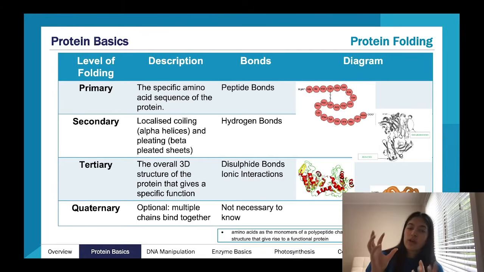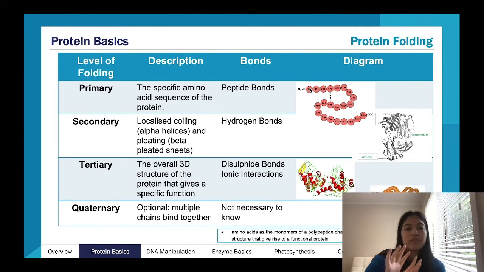Essentially the bonds are occurring between the amino acids. Again, I don't want to get too specific. You guys will learn about this, but amino acids all look like the same little circles here, but at a molecular level, they've got different groups and different elements. That's why you get different folding based on what amino acids you have.